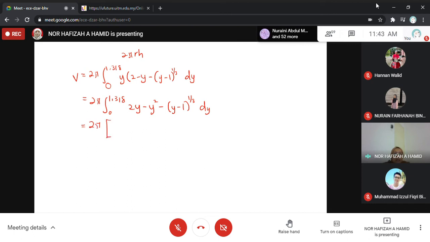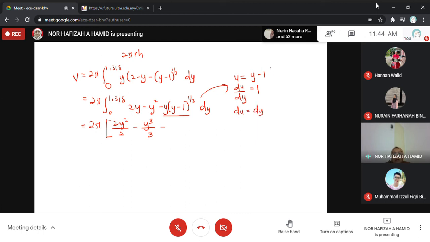Okay, so 2 pi, then 2y minus y squared, and minus y cubed over 3. Oh sorry, this one has y. So for the second part we solve using the substitution method. u is the term in the bracket, y minus 1. So differentiating, du over dy is 1, du is equal to dy.